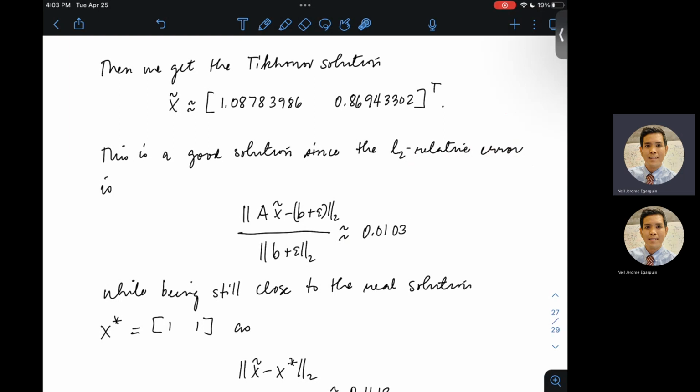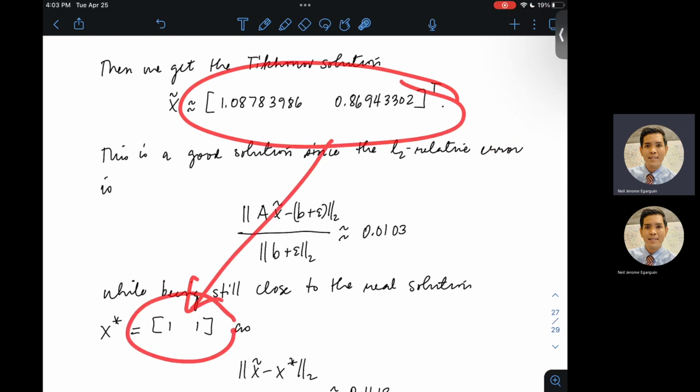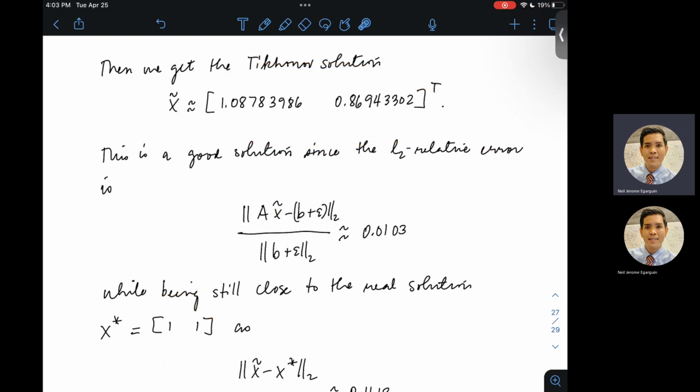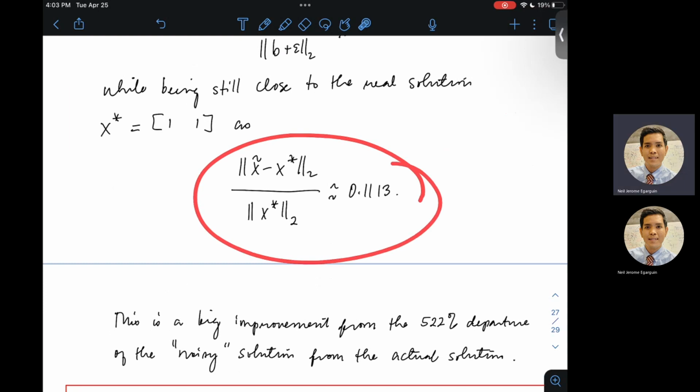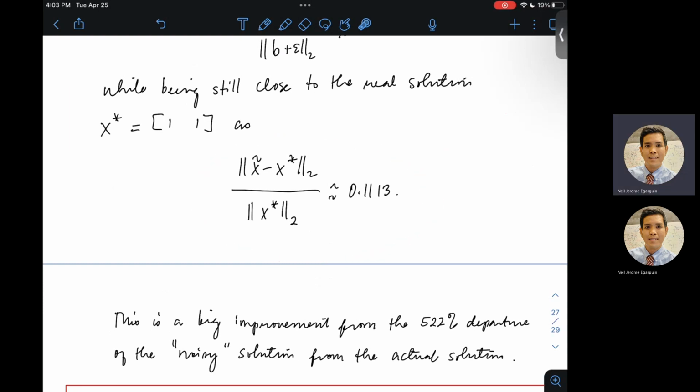And I think it is quite evident, because this is the solution that we got, and this is actually what perfect data would have given us. And if you look at the relative difference between the noisy solution and the solution from the ideal data, this is what we'll get. So that means we have around 11.13% deviation, right?